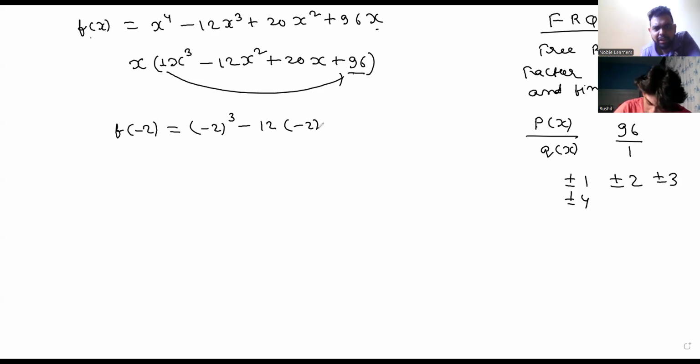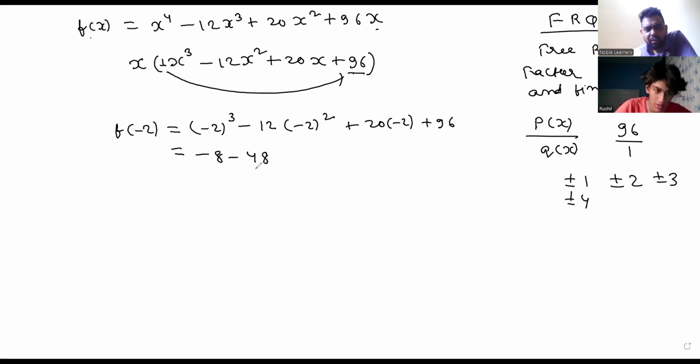So negative 12 times negative 2 squared plus 20 times negative 2 plus 96. And we hope that we get a 0 out of this. So minus 8, 48. So 12 times 4, yeah, 48, then minus 40 and plus 96. And luckily, I think it works.